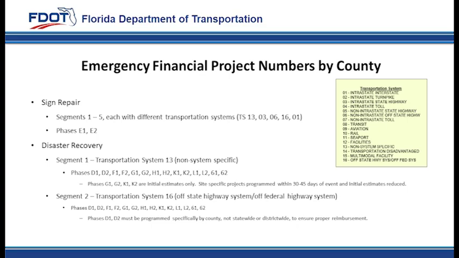Sign repair will utilize segments 1 through 5, each providing funding for a different transportation system, such as on-system and off-system. These projects will include emergency in-house and consultant sign repair and replacement phases.